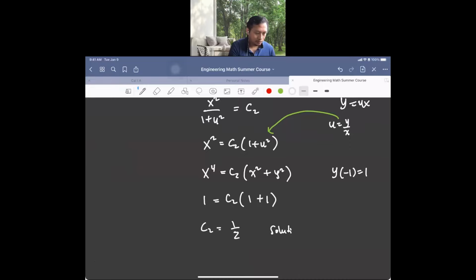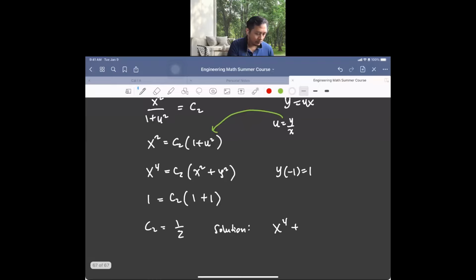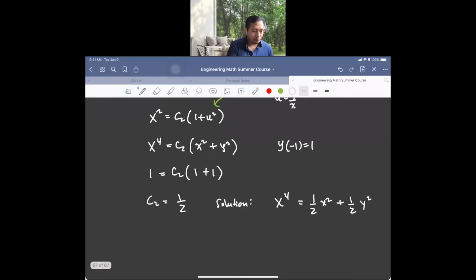So the solution is 2x, or we can say x4 plus c2, or maybe we can make it equal half x squared plus half y squared. Well, it can be, but then I should have this as an alternative answer also, that half plus 1.